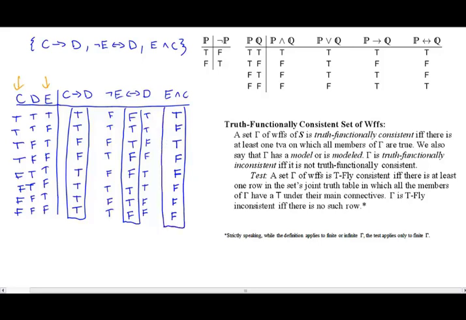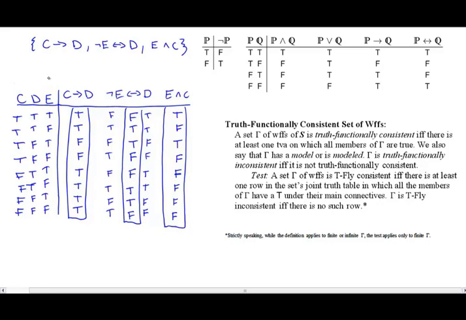Now, is this set consistent? Well, we need to see if there's any row of the table on which there is a true under every one of the members of the set. And in fact, that never happens.